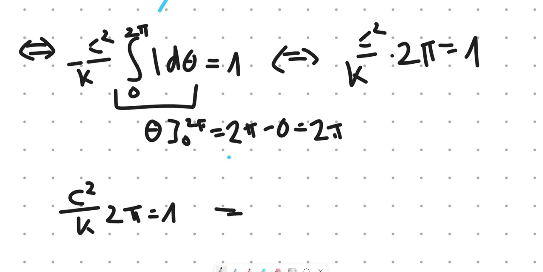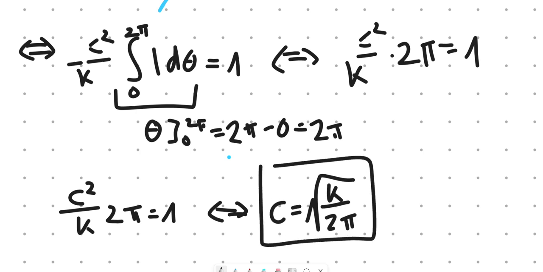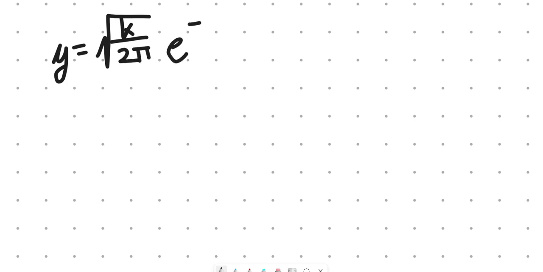Now if we solve for c squared, it's going to be that c is equal to the square root of k over 2 pi. Very nice. This would lead us to the following function: y is equal to the square root of k over 2 pi times e to the negative k over 2 times x minus mu squared.